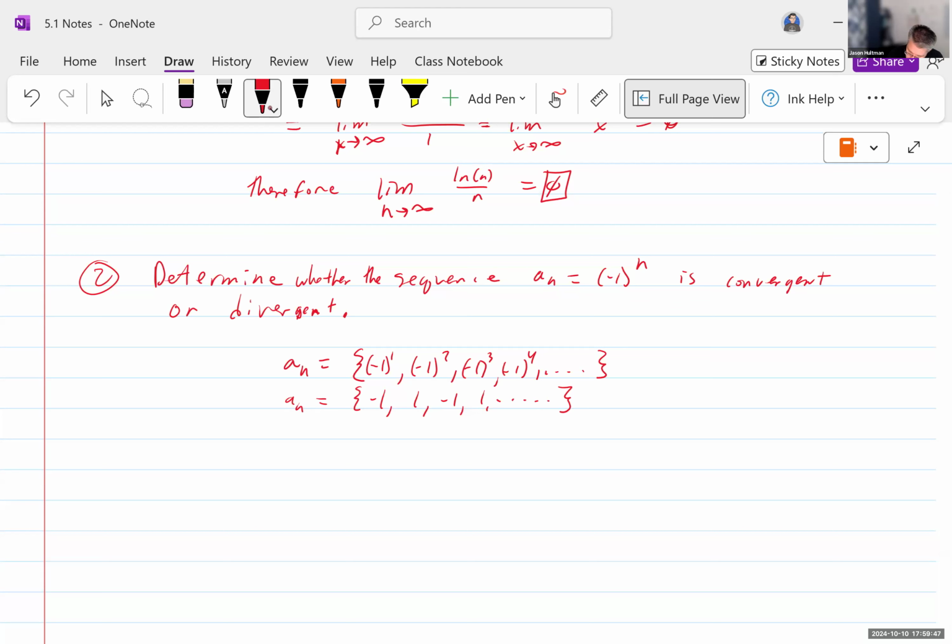It's not approaching any real value. So a sub n does not approach a single value. It keeps bouncing back and forth between 1 and -1.